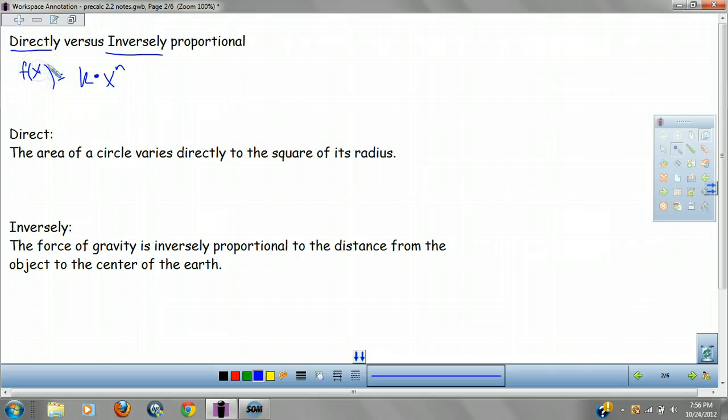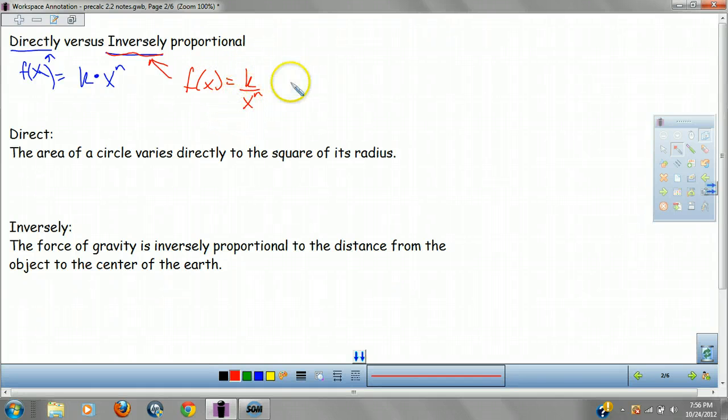Okay, that's directly. Inversely says that your function f of x varies inversely, so that's k over x to some power. So whenever you hear direct, that means you're multiplying it. Inverse means you're going to put that guy on the bottom.